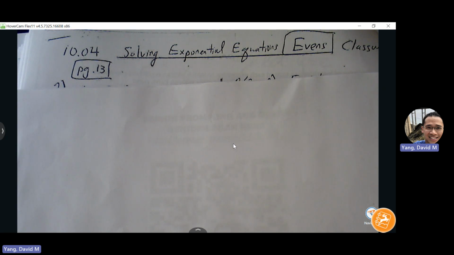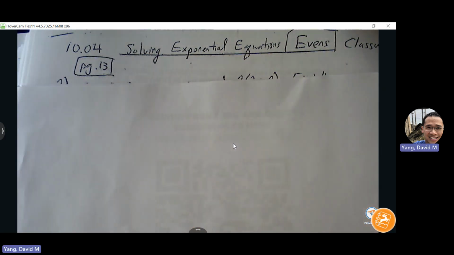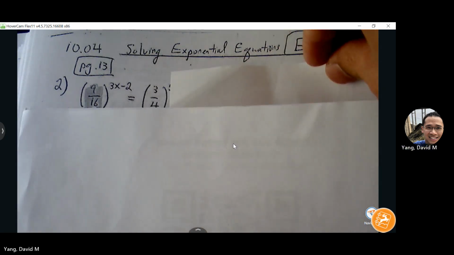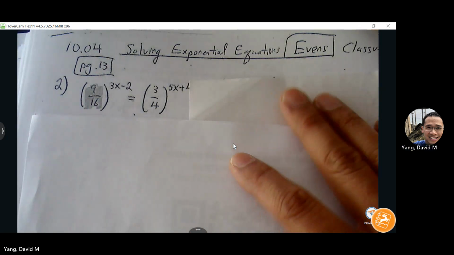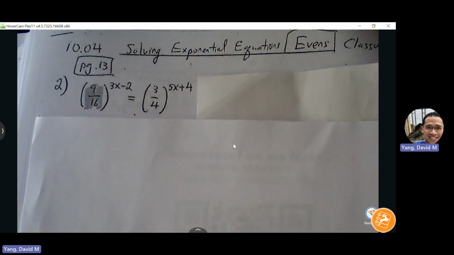Okay. Today, we're gonna finish this up, start the next section. Okay. So solving exponential equations. Starting with number 2. Okay, so our goal is to try to figure out a way to get the bases to match. If the bases can match, we can remove them and then just focus on the exponents.